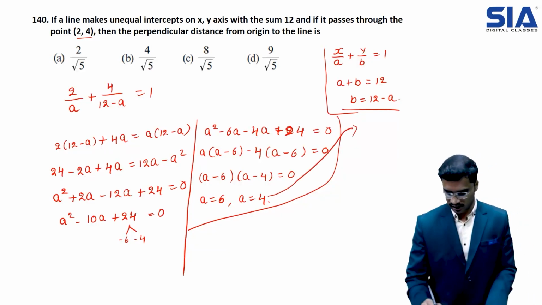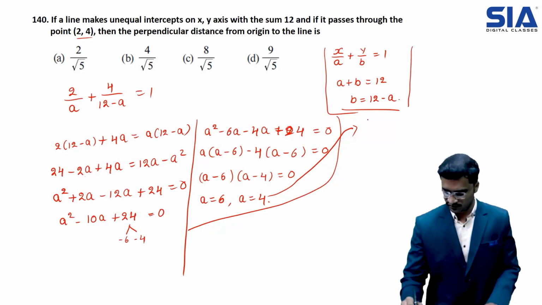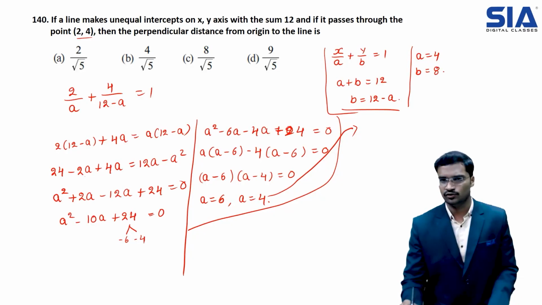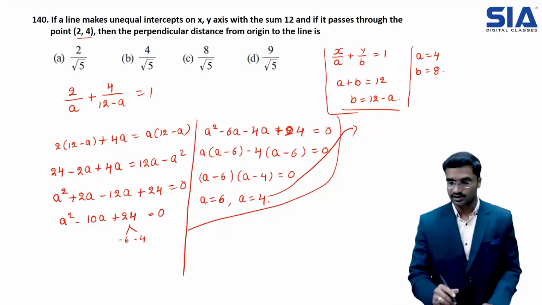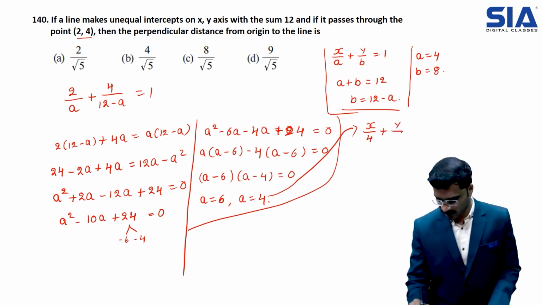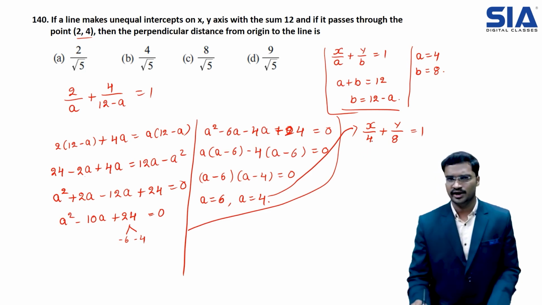So what I will be doing is I will be substituting this a value here. So if the value of a is 4, then the value of b is what? Then the value of b is 12 minus 4. 12 minus 4 is 8. So then the equation of this line is what? X by 4 plus y by 8 is equals to 1. So let us equate them. So LCM of 4 and 8 is 8.